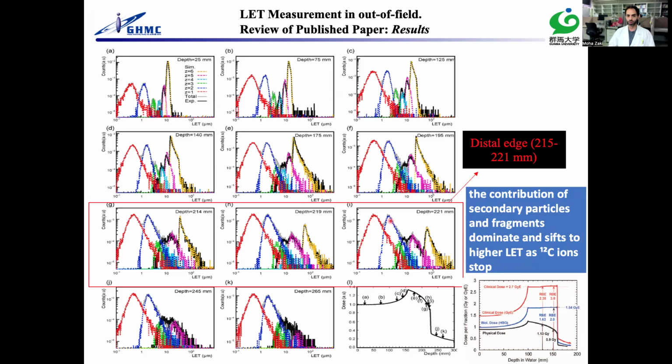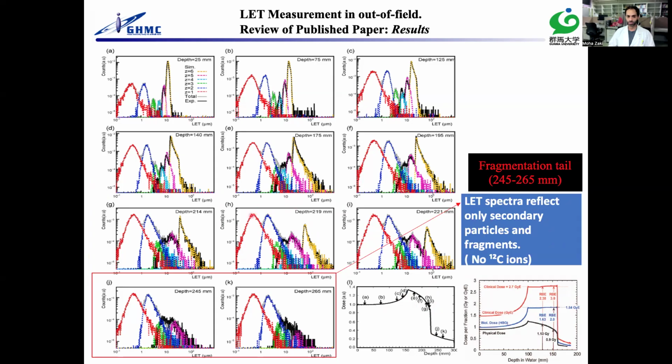So the LET becomes higher from the secondary particles and the fragments. We're talking about the distal edge, this fall down area. The fragmentation tail LET spectra reflect only secondary particles and fragments. There are no more carbon ions.